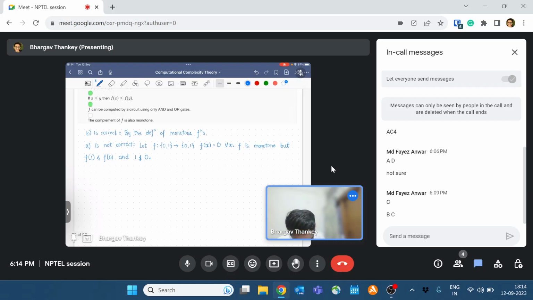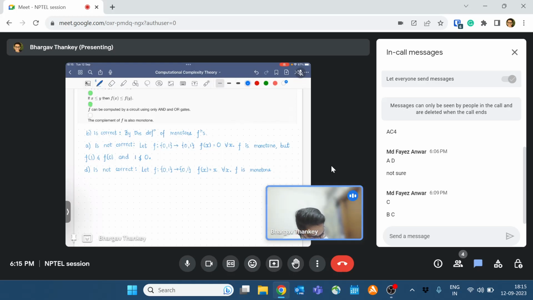What about D? For D, we can create a monotone function for which its complement is not monotone. It's also a function from {0,1} to {0,1}. f of x equals x for all x. f is monotone.